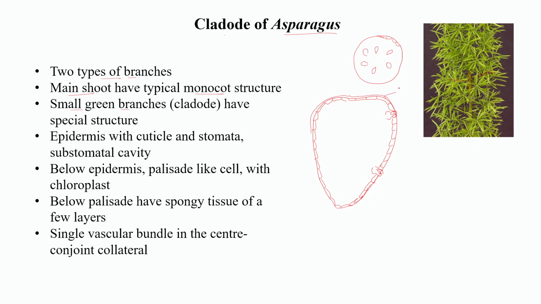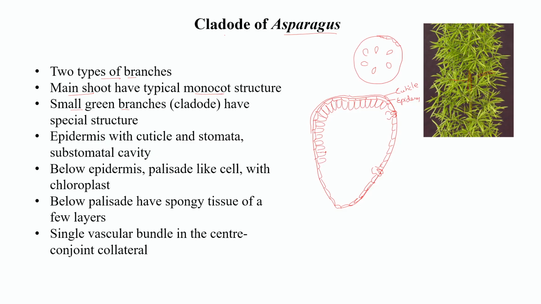So you can have cuticle, then you will have epidermis, okay, and below that you will have a single layer of palisade like tissue. Okay, and these cells will have chloroplast and they will perform photosynthesis.